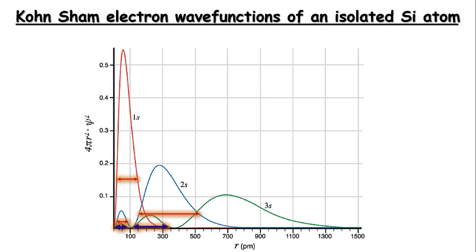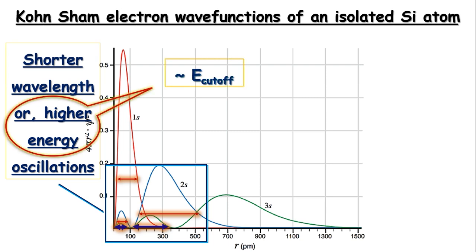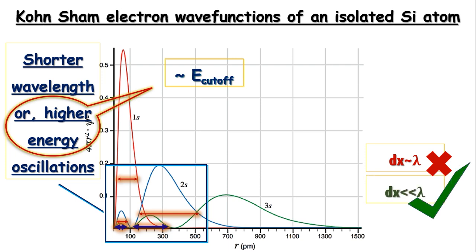Now, these oscillations actually often become comparable to the value of the cutoff energy that is generally taken in nowadays DFT calculations, and hence the chance of getting error increases. Remember, we have talked about that the cutoff energy or the frequency should be higher, or consequently, we can say that the dx, that is the pixel width for your wave function, should be much less than the wave function, not comparable to the wave function, right?